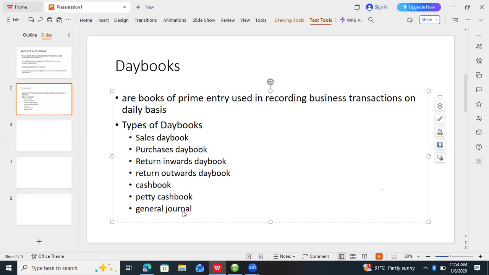The general journal can be referred to as the journal proper. Okay, journal proper. And you can't say general day book. It's either the general journal or journal proper. So these are the 7 day books, and we have to take each of them, know what they are used to record, and then prepare them.